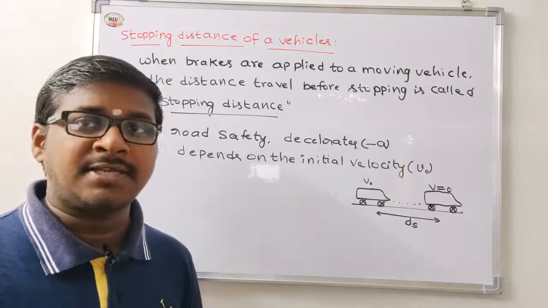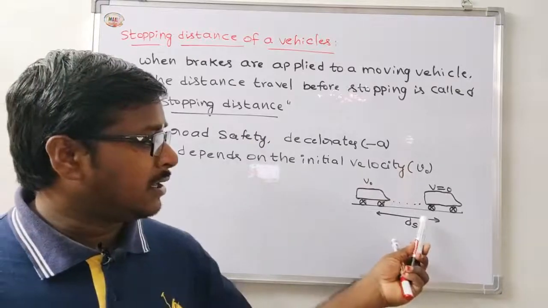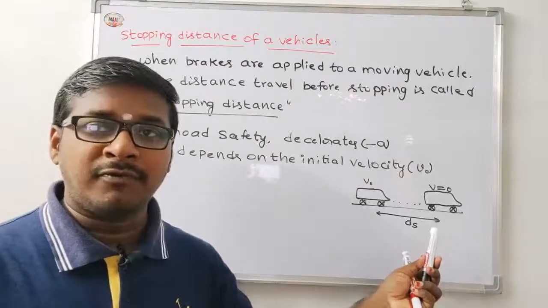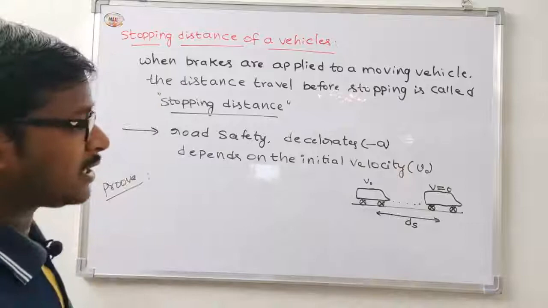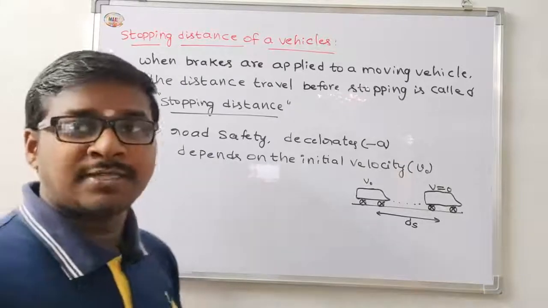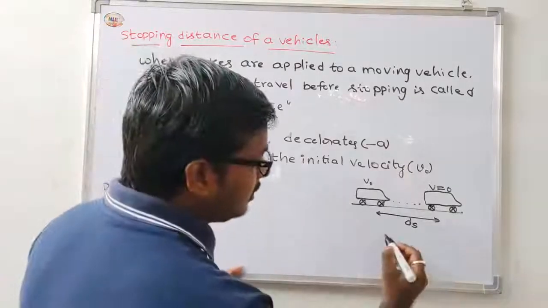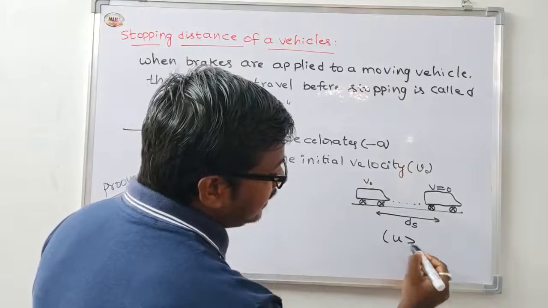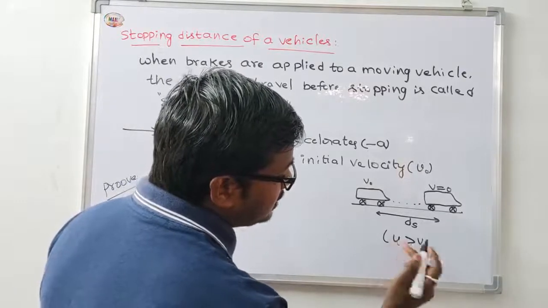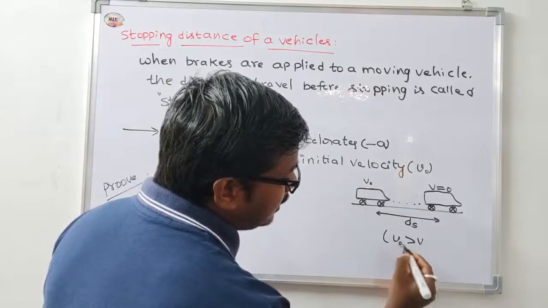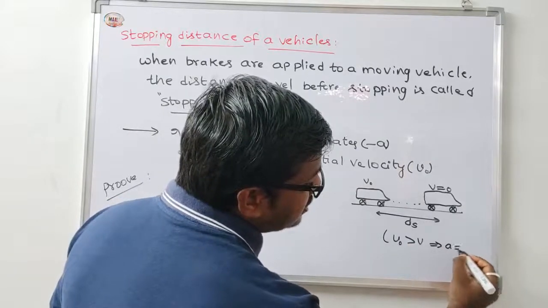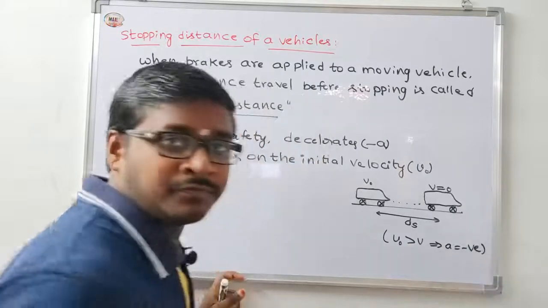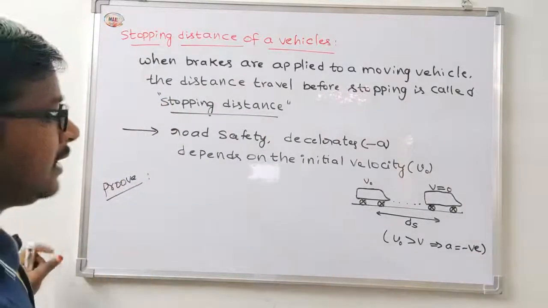Before stopping, v is equal to 0. As already discussed in previous sessions, the initial velocity is greater than the final velocity, so the acceleration is negative.